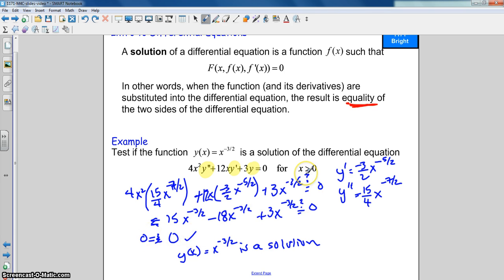So you can either work one side to the other, or you can try and work both sides simultaneously until you get equality. Okay? And remember, at the end of the problem, you should always state your conclusion in a sentence. So in this one, you just have to say it is a solution.